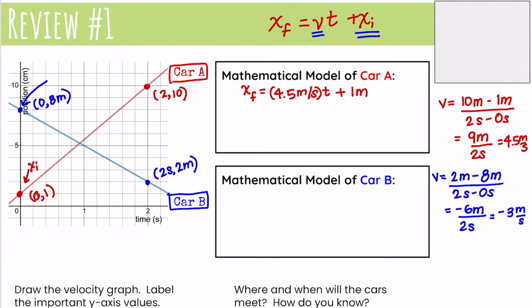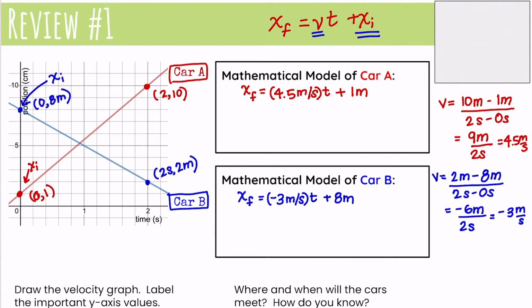Next, we are going to look at the Y-intercept, or the initial position of car B. And so final position is equal to negative 3 meters per second. And so remember that negative 3 meters per second means that the velocity is at 3 meters in the negative direction, plus initial position of 8 meters, because that's where it is at time 0.